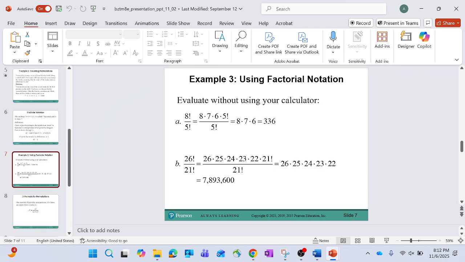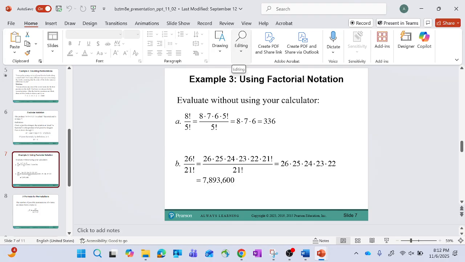Using factorial notation, evaluate without using your calculator. If you have 8 factorial over 5 factorial, essentially the top is 8 times 7 times 6 times 5 times 4 times 3 times 2 times 1. Let me just write it.